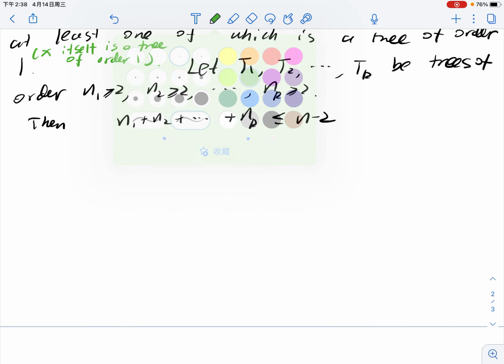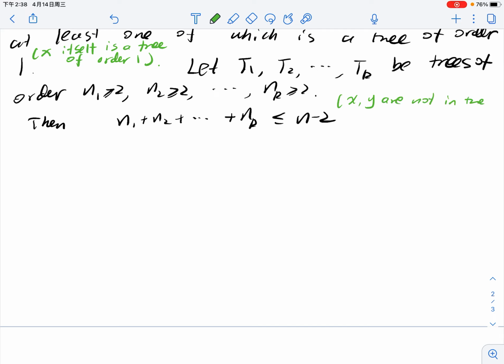This is because x and y are not in the union of the vertices of T1, T2, ..., Tk, since x is itself a connected component whose order is 1, strictly less than 2.